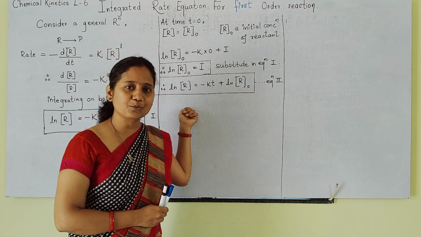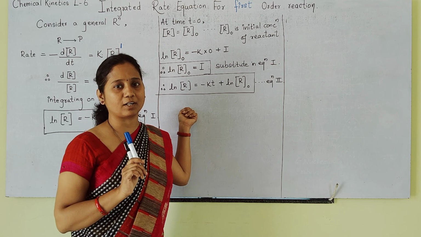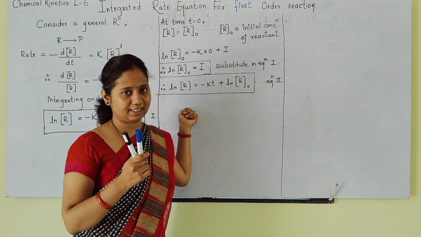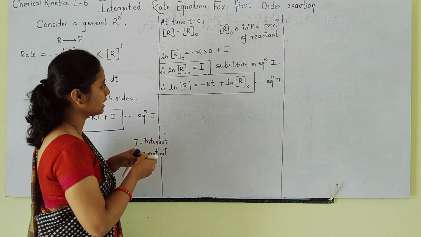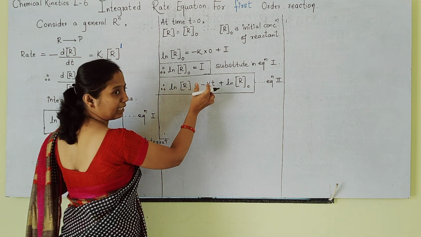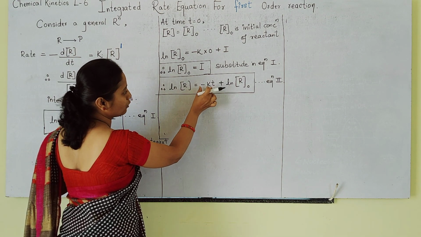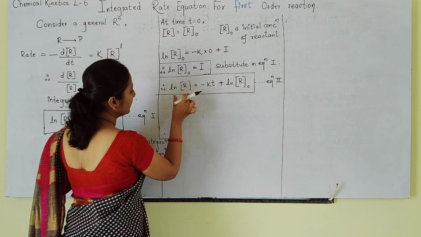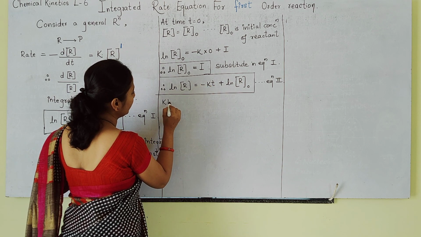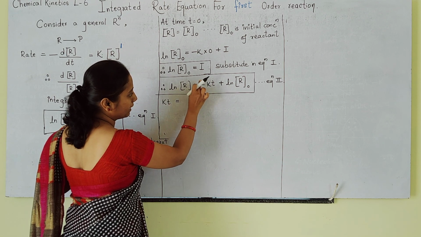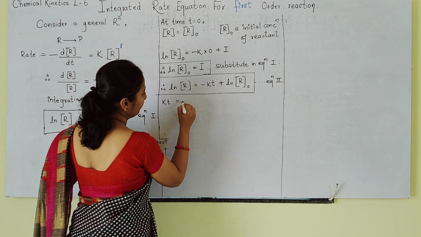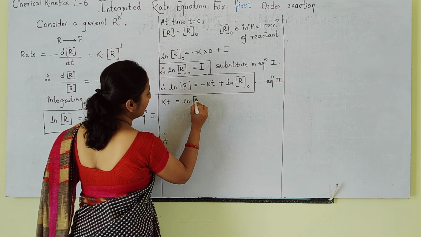Equation third, what have I told you, students? K is equal to what? That is our equation third. Simple derivations are there. Let us go on writing. It is on the right side, I will take it on the left side. So kt is equal to what? It was minus, it became plus here: ln r naught.